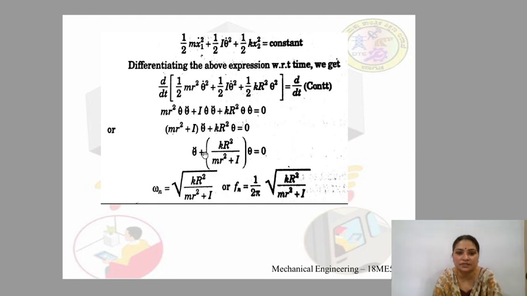Comparing this equation with the simple harmonic motion equation, that is x double dot plus omega n squared x is equal to 0, we have omega n equal to the square root of k R squared divided by m R squared plus I. The natural frequency fn is equal to omega n by 2 pi, that is 1 by 2 pi into the square root of k R squared divided by m R squared plus I. So, substituting the value of omega n, we can write this equation for the natural frequency.